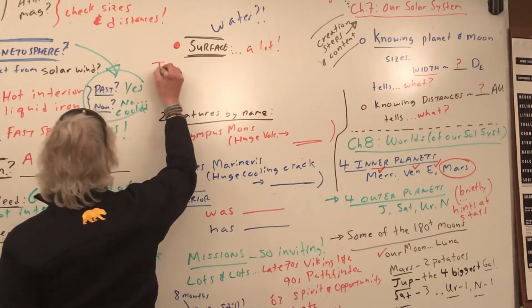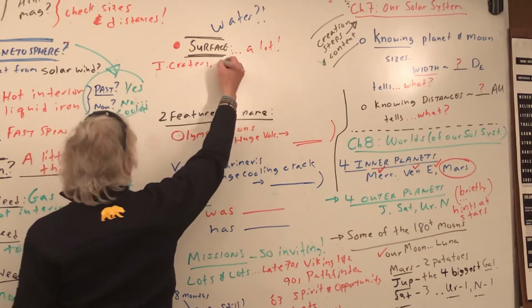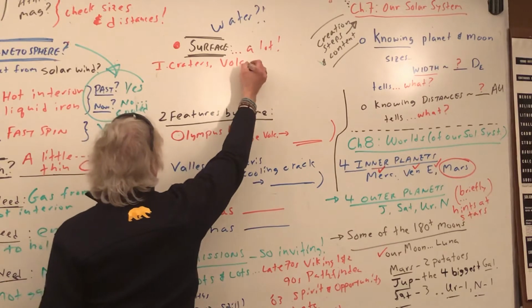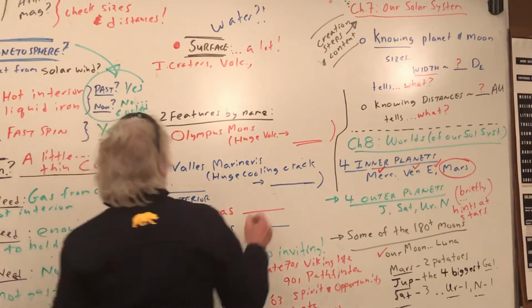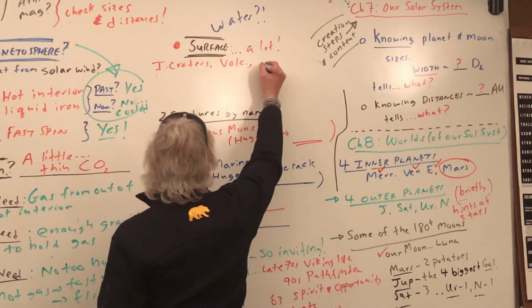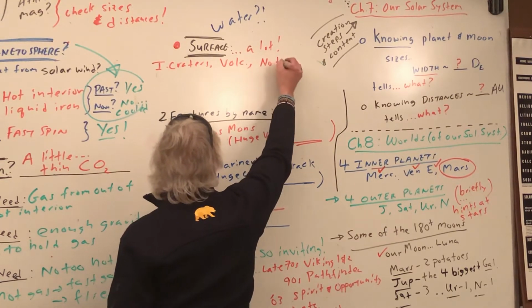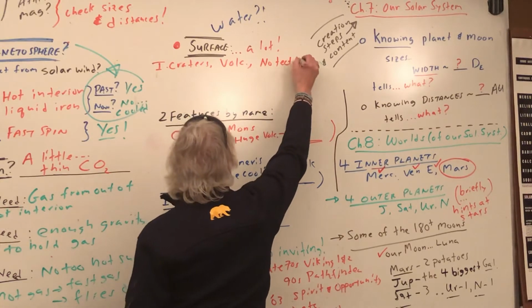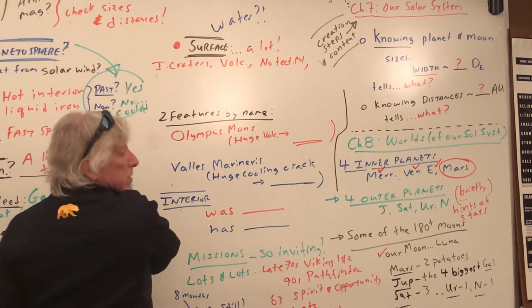You do have impact craters. You do have volcanic mountains. You do not have tectonic mountains. What else do you have?